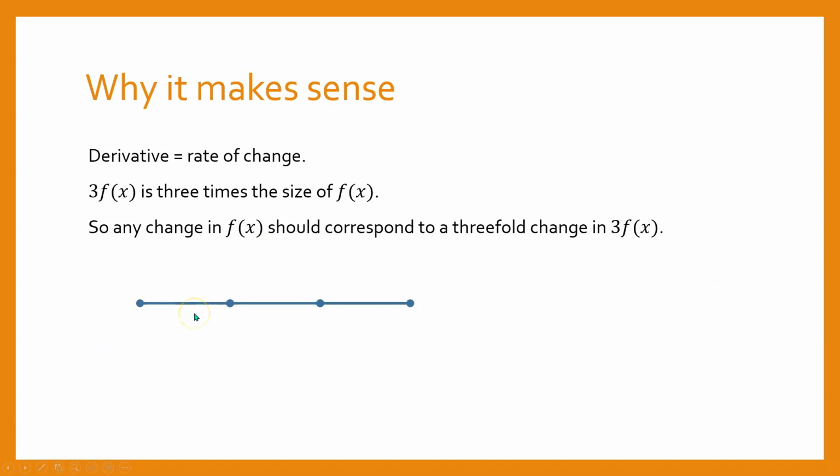However big x is and however big f of x is, 3 times f of x should change by an amount that is 3 times as much as what f of x is changing by. And as with all of these, if this helps you visualize or make sense of why the rule works, great. And if it doesn't help you, you can just ignore it.